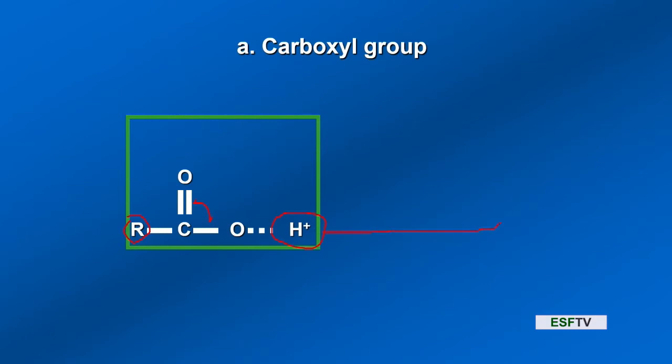Off it goes. And when that happens, you're losing H+, and so you're leaving a net negative charge expressed where this once was. So dissociation of hydrogen from the carboxyl group, C double bond O, OH, and R is all the other stuff. This is the working end, carboxyl.